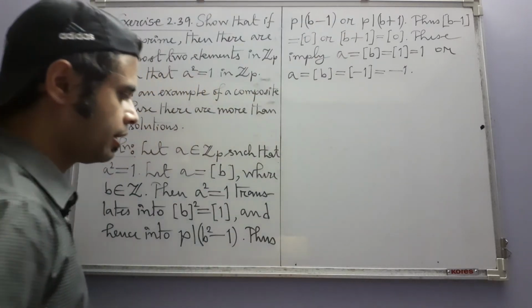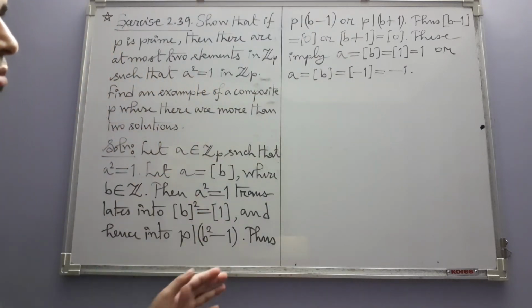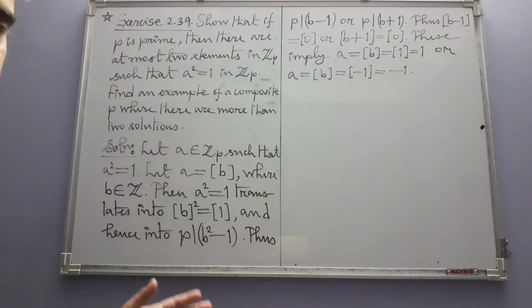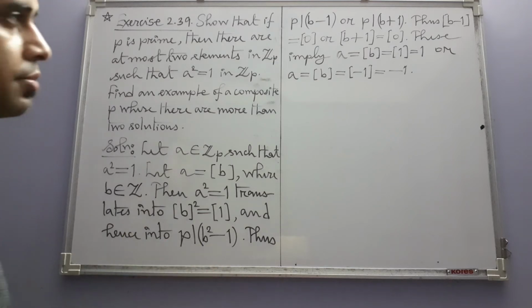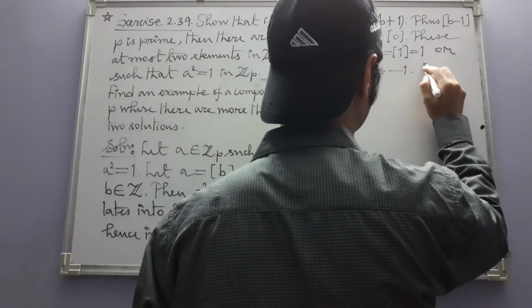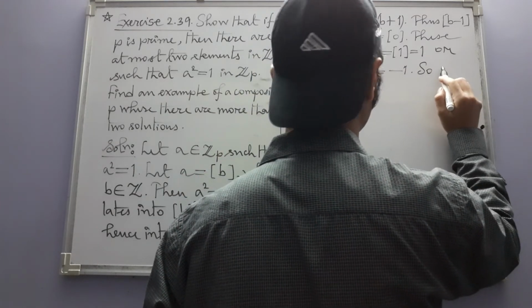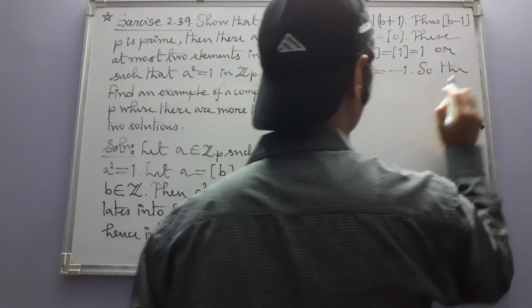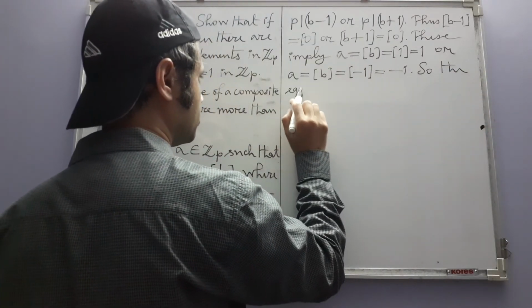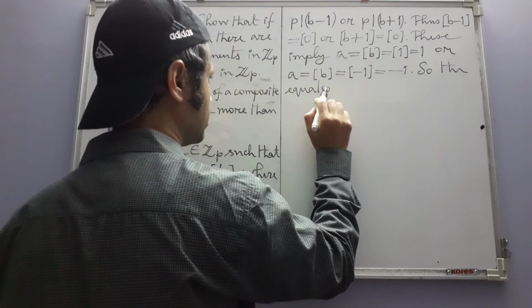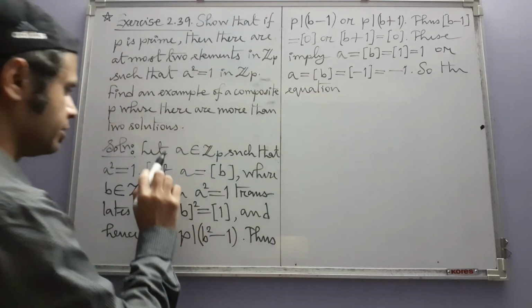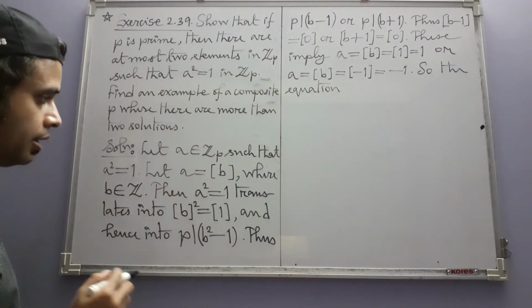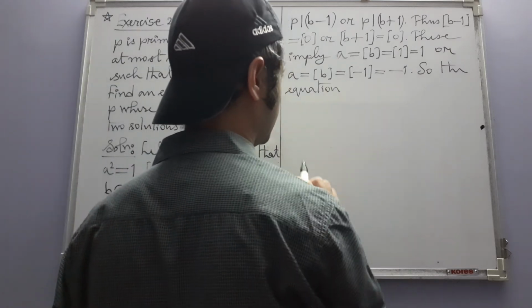The fact is that A can either be 1 or minus 1. So there are two possibilities. So the equation, because we are writing it as an equation and we have already considered A to be an element in Z_P, so we use X here.